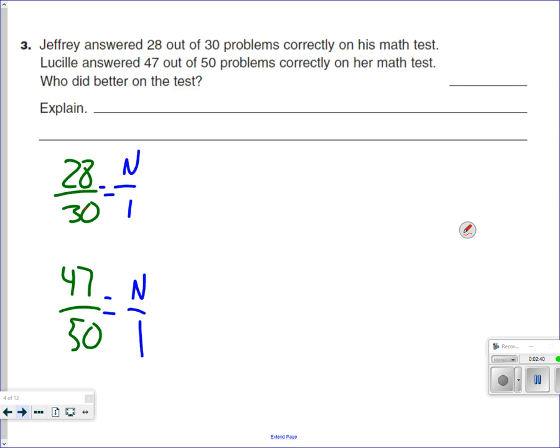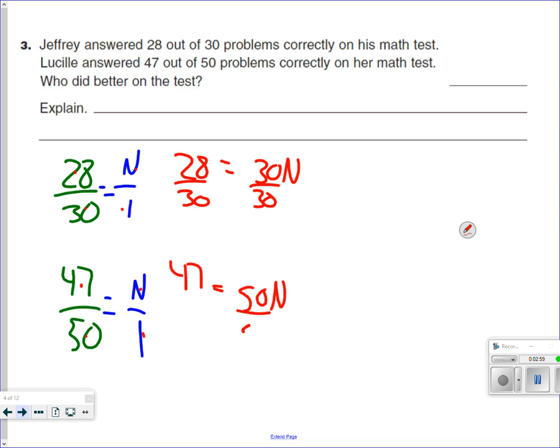Cross multiply. 30 times n is 30n. 1 times 28 is 28. 28 equals 30n. Here we have 50n. 1 times 47 is 47. So you could divide this by 30 and this by 50.